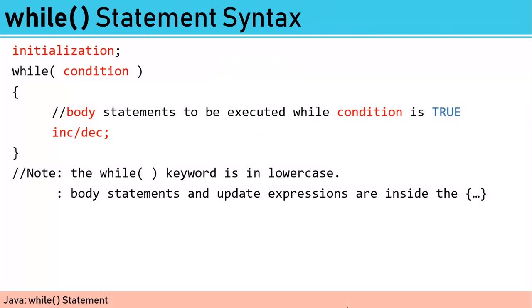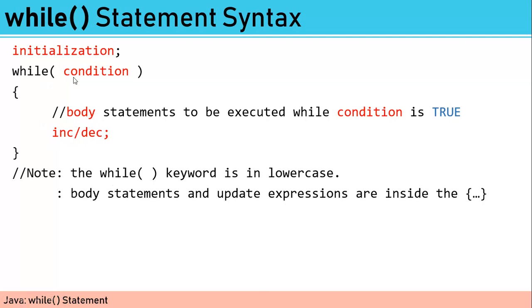So the while statement syntax. We always start with the initialization, depending on the number of variables you'll be using. You declare and then initialize those variables before the start of your while statement.